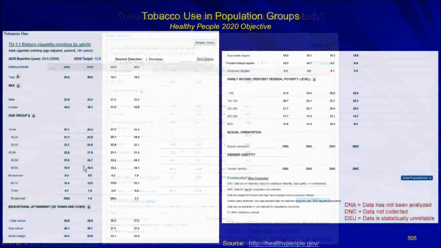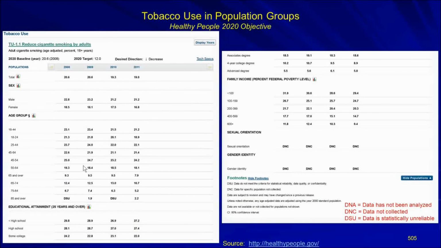We're going to continue with the table. I just wanted to point out a couple of other things: you can see that the target in 2020 is 12%, and that seems ambitious according to these data.